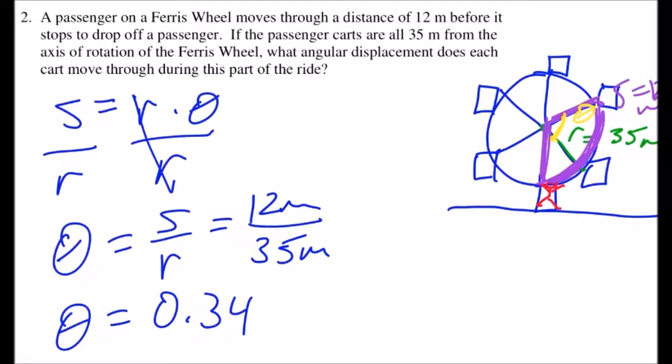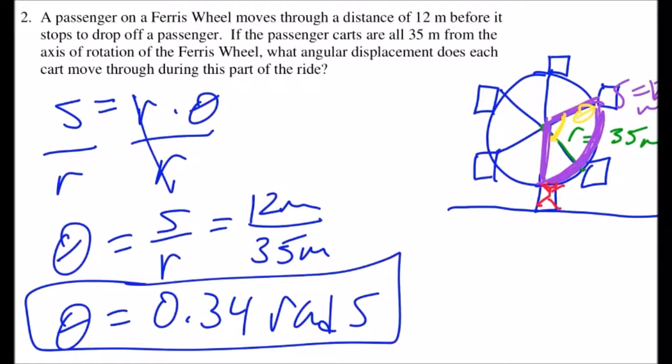What's a rad? I'm talking to Juan here. Radian. Very good. Okay. So we've got 0.34 radians. Okay. So your picture is not accurate at all. Whatever. All right. Does that make sense to everybody?